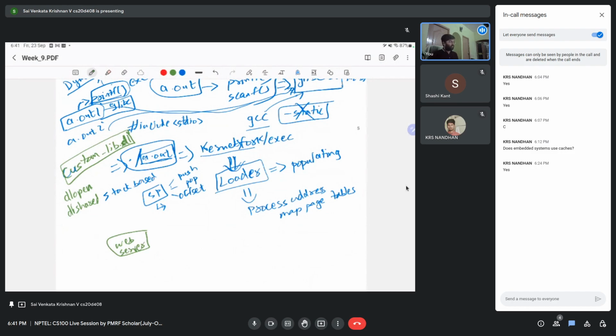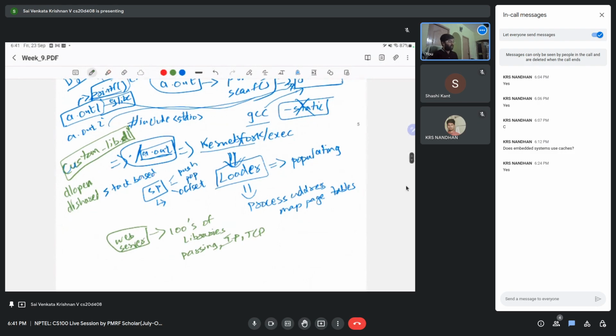It will use hundreds of libraries, one for parsing, one for the IP protocol, one for TCP, like that. And if you create an instance of the web server, the main aim is to have a faster response.